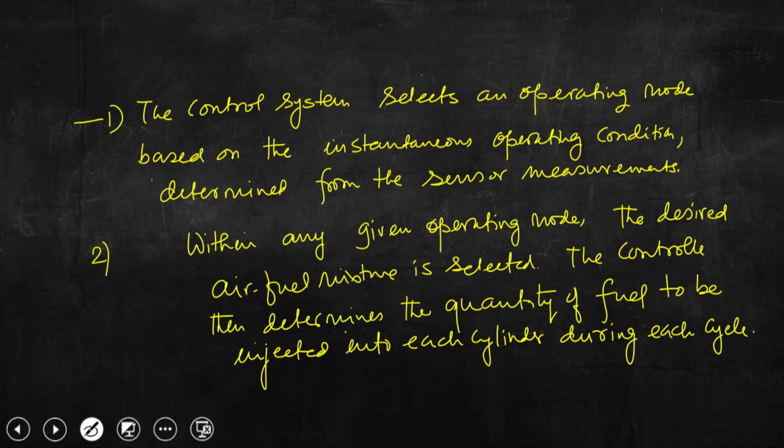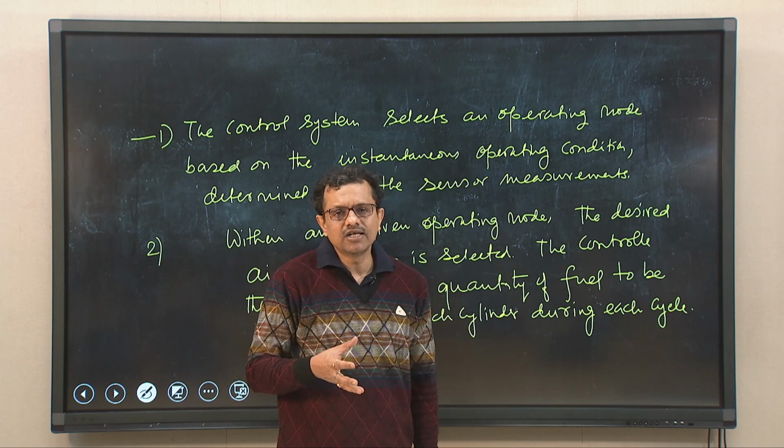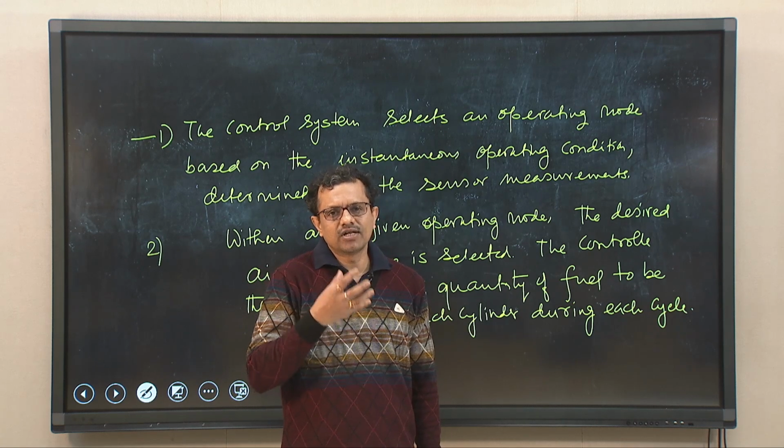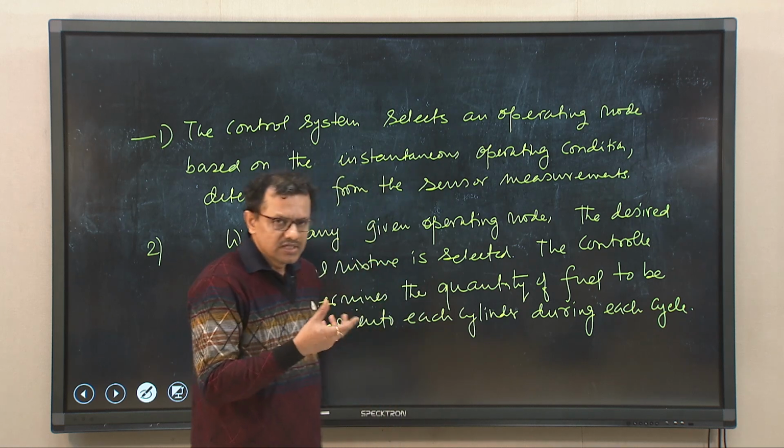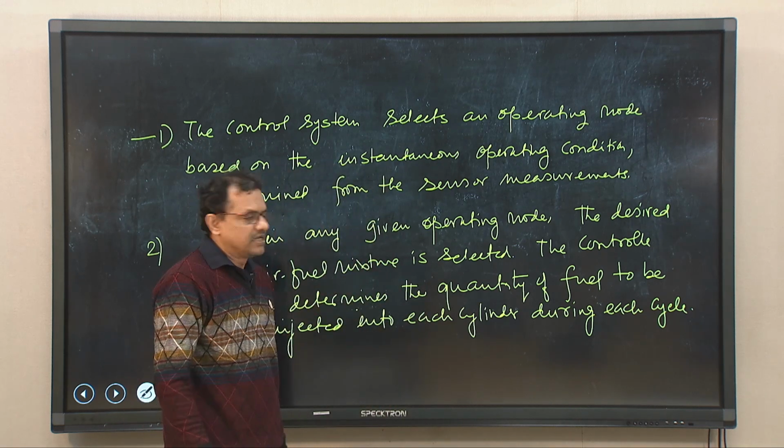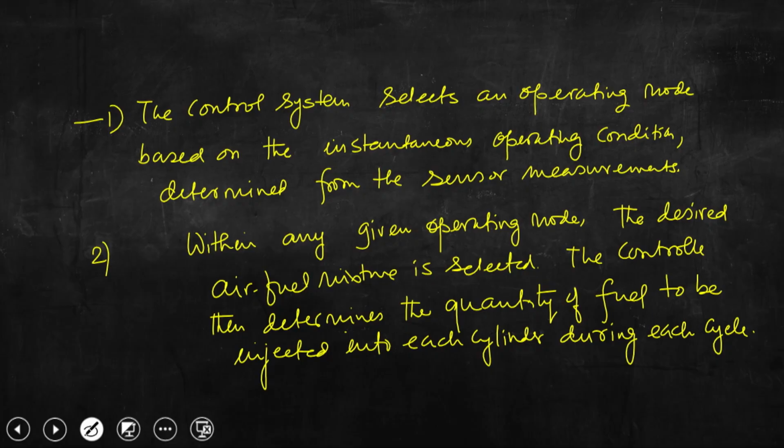So, the quantity of fuel depends on the particular condition the engine will experience. Okay. So, this is all about the control modes for fuel control. Now, let us briefly discuss the integrated engine control system.